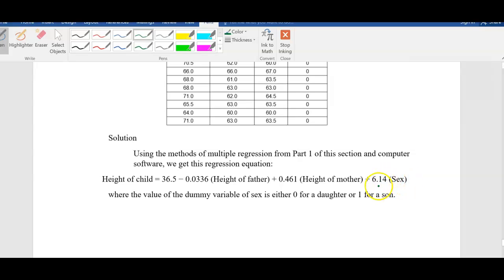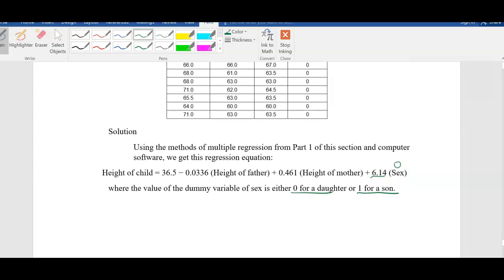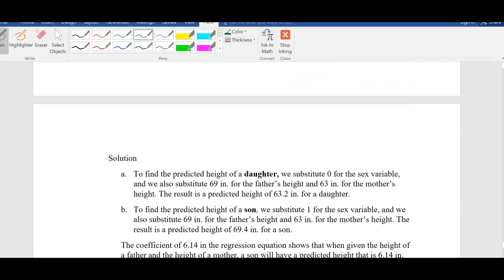So our dummy variable has to deal with the sex, where the value of the dummy variable is either 0 for a daughter or 1 for a son. So that way it tells if I need to add that 6 inches or not add that 6 inches. Because for a daughter, they're usually shorter, so the 0 goes in here. All right, and for a son, the 1 would go in there, so I would add the 6. So it gives us one equation instead of 2, making life a little bit easier.